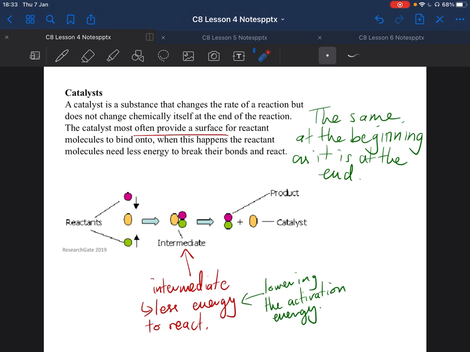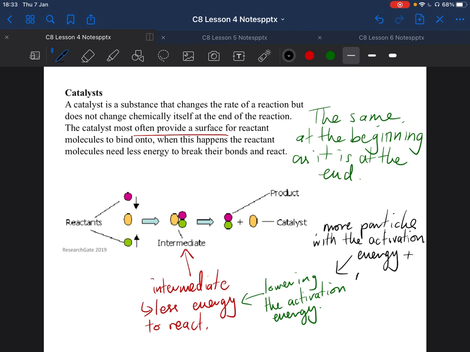And if it comes down for that reaction, what we end up with is more particles with the activation energy, and more successful collisions. So those collisions will happen more often and we will get reactions happening because of that.